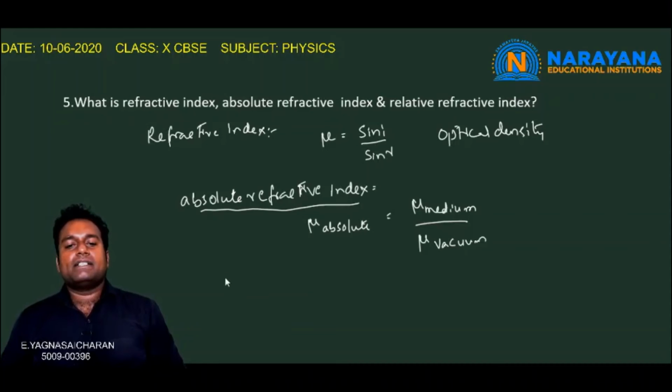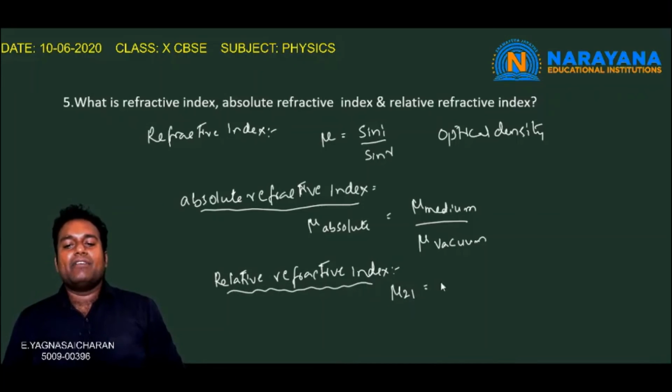So let us see what is relative refractive index. Whenever we are comparing the bending ability of light with respect to one medium to another medium, we take the relative refractive index. So relative refractive index mu 2 to 1 is given by the refractive index of the second medium with respect to the first medium.